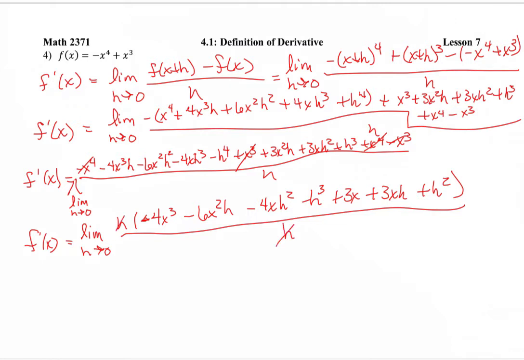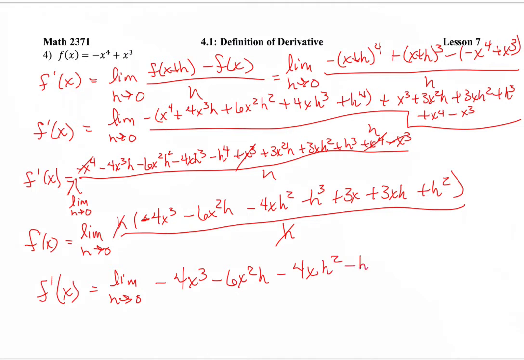My h's will cancel. F prime of x equals the limit as h goes to 0 of minus 4x cubed minus 6x squared h minus 4x h squared minus h cubed plus 3x plus 3xh plus h squared.